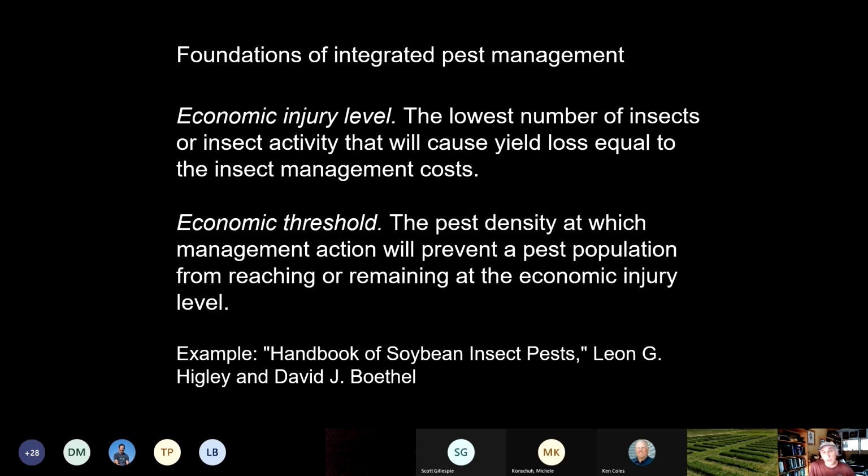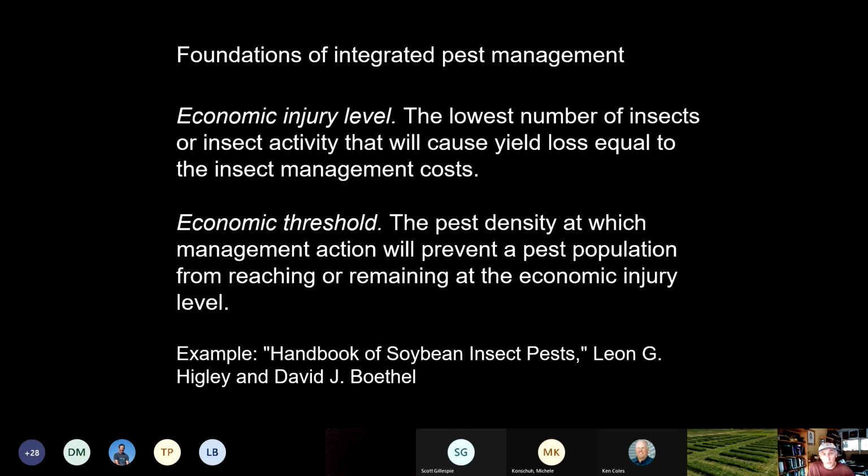Now, what are these things that we use when we do counts? Why count at all? Why not just say they're bad or they're not bad? Well, we can actually calculate an economic injury level. And it used to be that was only based on crop protection cost. Now it can be based in part on environment.